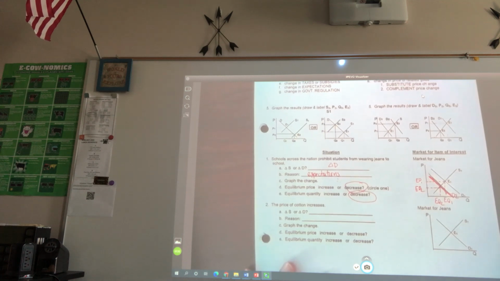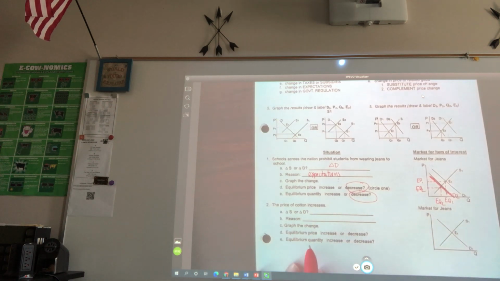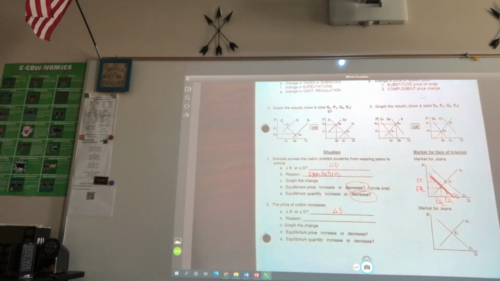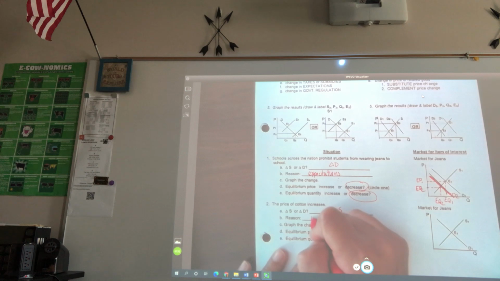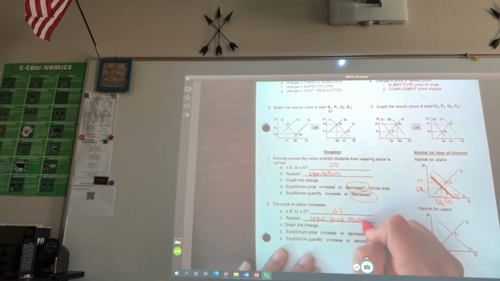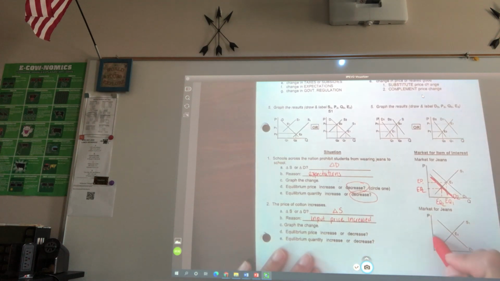Okay, this next one, the price of cotton increases. Again, we're in the market for jeans. What is this gonna affect? Is it gonna affect supply or demand? Supply. What's the reason? Input price increase, right? So now let's come over here, put my equilibrium price.